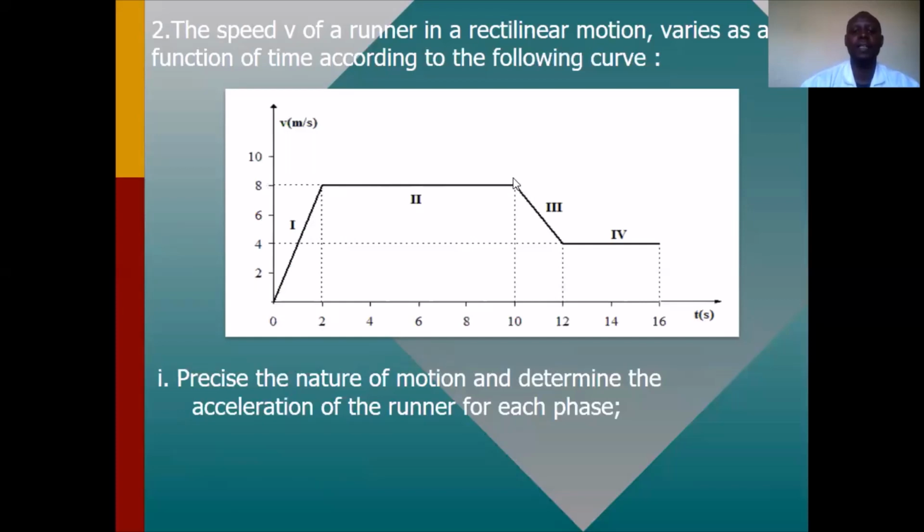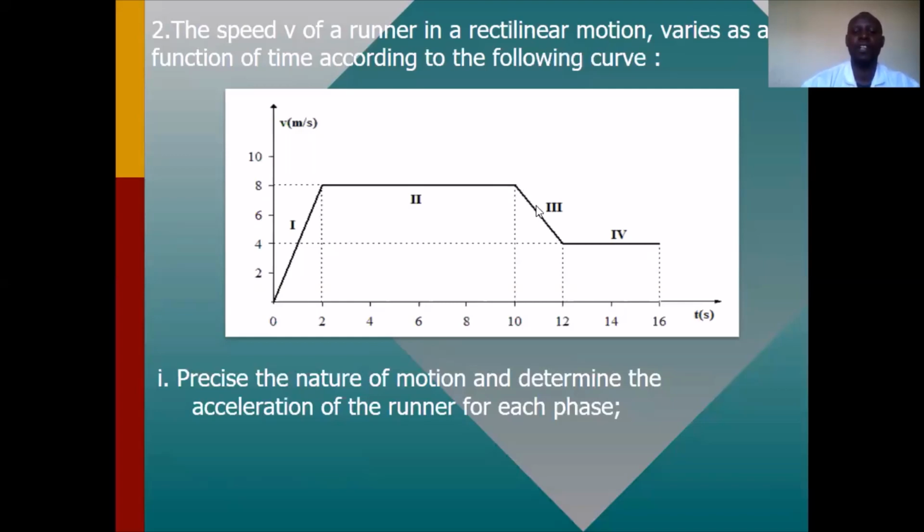For the third phase, there is a decrease of speed. The speed is decreasing from 8 down to 4, which means that the acceleration is negative, because 4 minus 8 is minus 4.